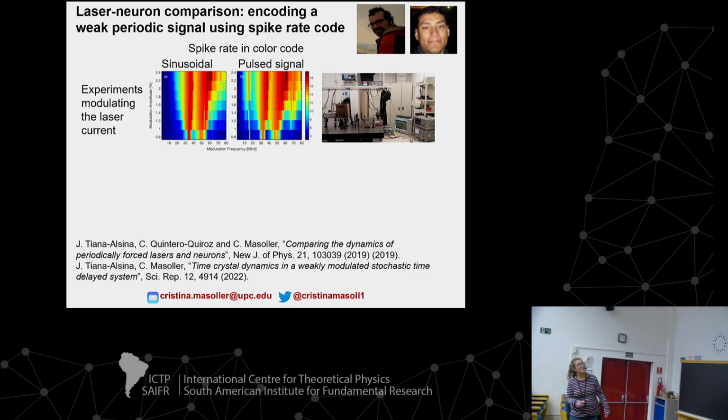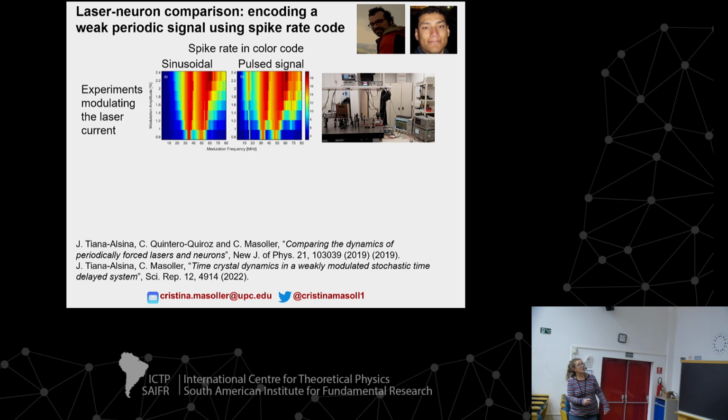And again, this is a picture of a lab. And if we use the spike rate, so basically what we are plotting here is the inverse of the inter-spike interval in color code, we see with a sinusoidal perturbation or a pulsed signal that there are regions of a high spike rate. There are regions in which there are very few spikes, and more or less they are comparable.